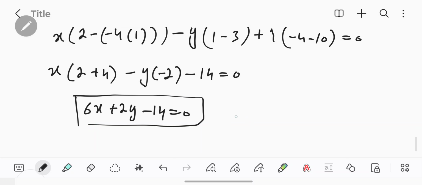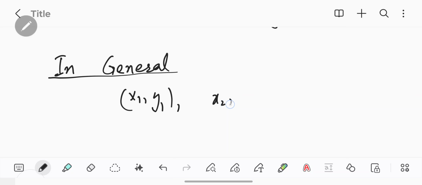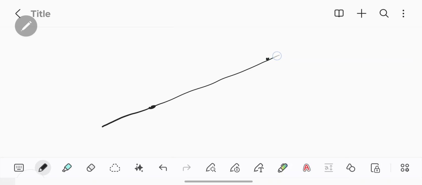So this is the equation of line. This is the equation of line passing through the points which were given initially. So in general, if you are given any 2 points, x1 y1 and x2 y2, for example this point is Q, this point is R, you have an equation of line passing through those 2 points.